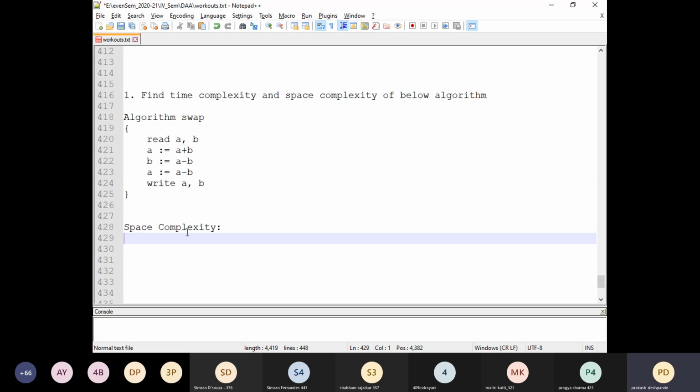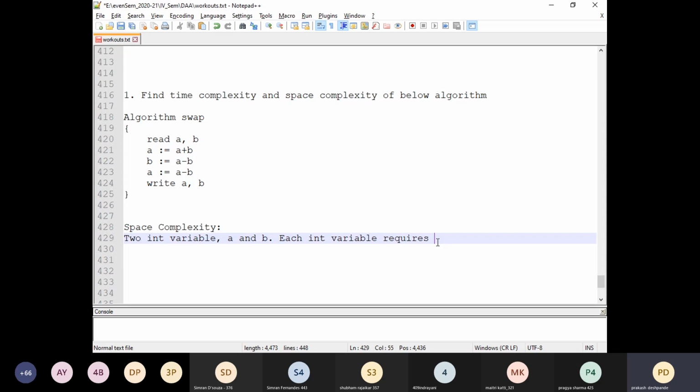Two variables. We have only two variables, right? Two integer variables, namely A and B. Then each integer variable requires how much memory?